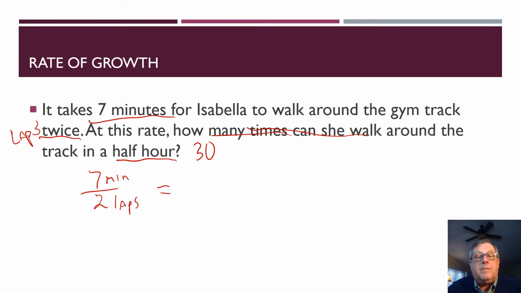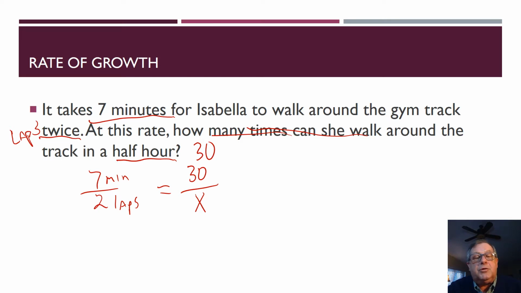And so I want to set up my proportion the same way. So if I've got minutes in the numerator, then I'm going to have this 30 minutes up here in the numerator. And I'm trying to find how many laps she can walk. So we're going to define that as x as our variable. That's what we're trying to find.